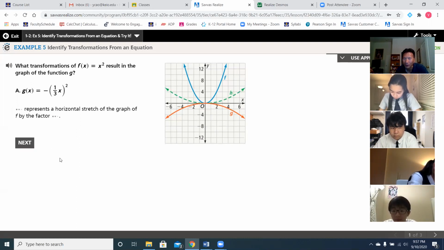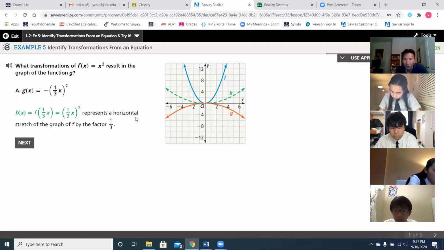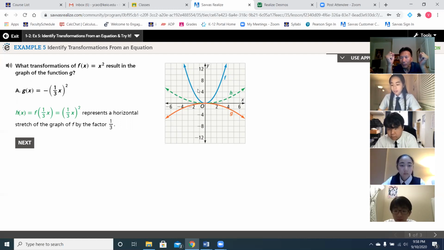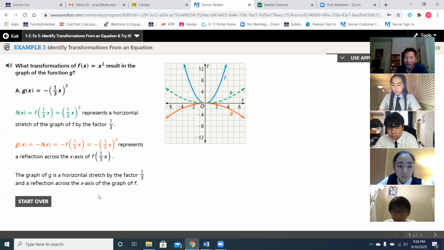So let's see the solution. This one represents a horizontal stretch. Oh, okay, the book has a different step. The book stretches it first. That's okay, we'll produce the same result as Mayuka mentioned. The book stretches it by a factor of 3 first. What's the next step?